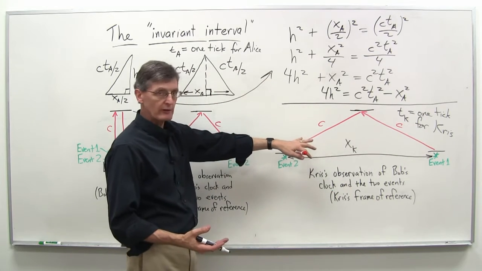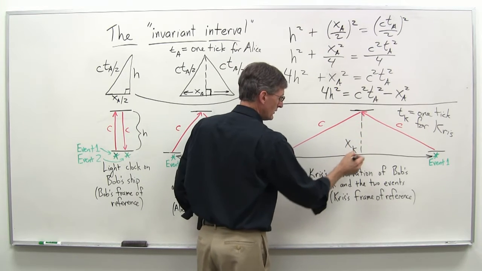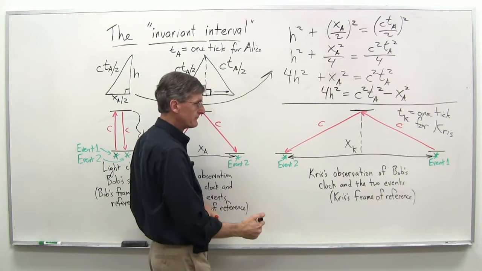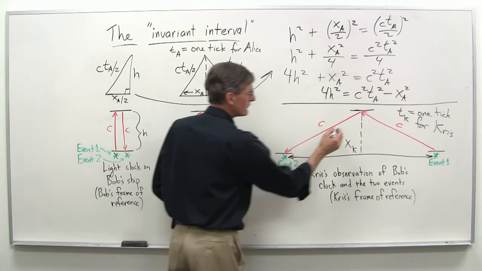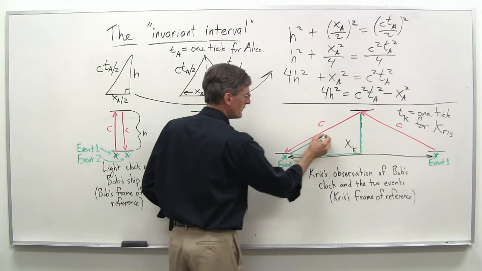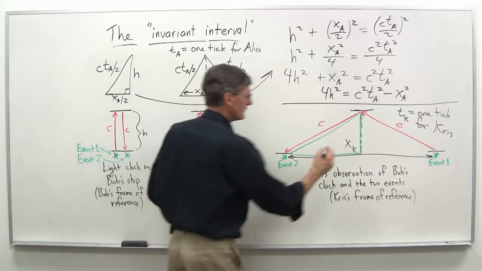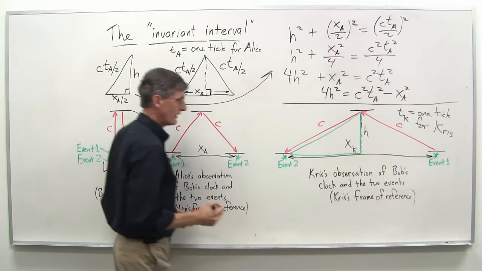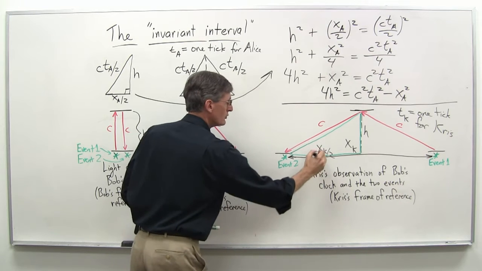But we have the exact same triangle. Again, we can split this in two. This whole thing was x_k. So the triangle we're going to be looking at here is, we'll do it in green just to show it there. Roughly that triangle. Here's the height. That's the same. This becomes x_k over 2.